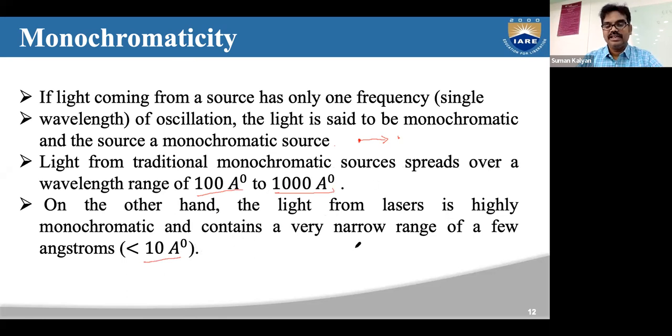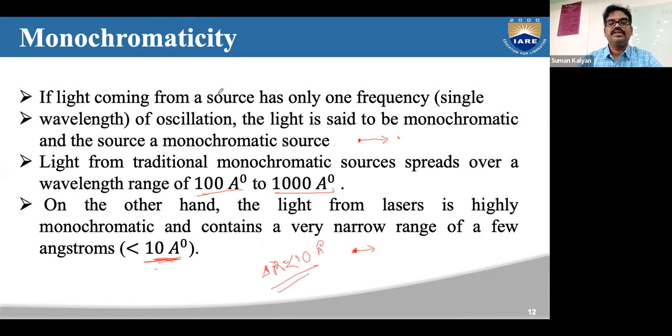So that means the spread of the frequencies. Even if you say the light is of a particular color, there is a mixture of other frequencies and colors also. That wavelength range is from 100 angstroms to 1000 angstroms, whereas in laser light that mixture is much less than 10 angstroms; the spread of frequencies, delta nu, or delta lambda, is very much less than 10 angstroms.